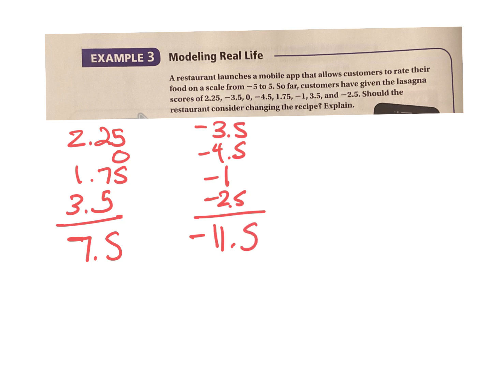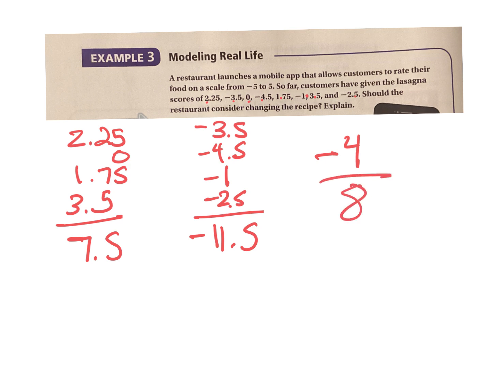All right, so there's a lot more negative than positive, but let's still find the average of the customer. So we add those together, and I see that it's a bigger negative. The absolute value of the negative is more. So it's going to be 11.5 minus 7.5, and that gets me a negative 4. Okay, and then there's 1, 2, 3, 4, 5, 6, 7, 8.